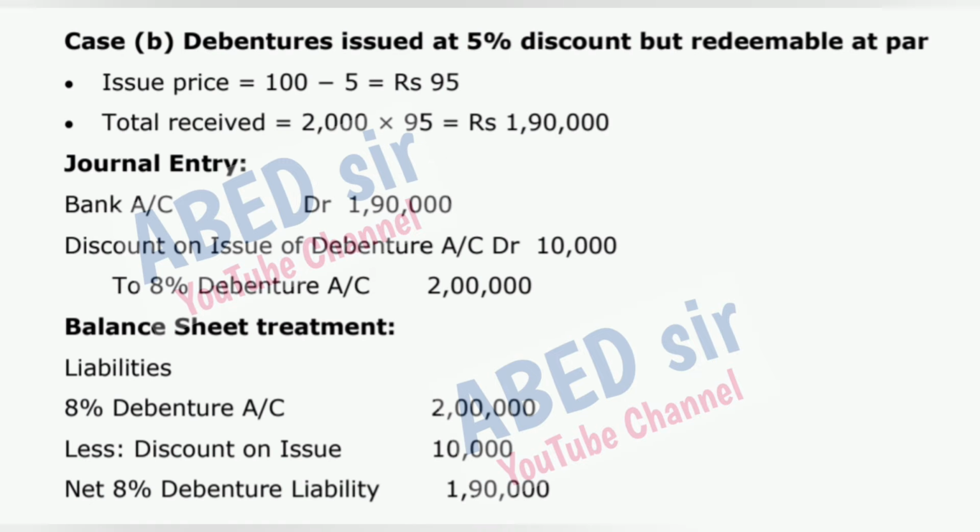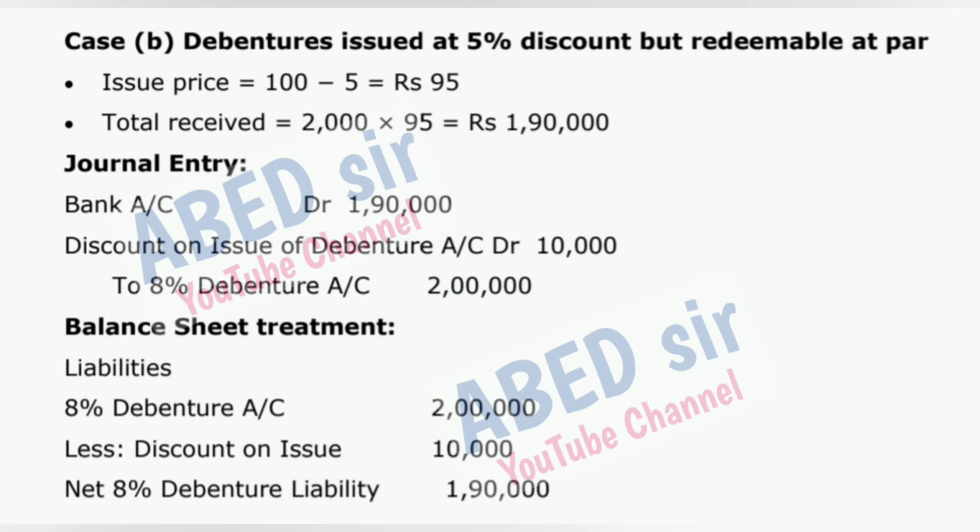Case B. Debentures issued at 5% discount but redeemable at par. Issue price is equal to 100 minus 5 is equal to 95 rupees. Total received is equal to 2000 times 95 is equal to 1,90,000 rupees. Journal entry. Bank A/c Dr 1,90,000.